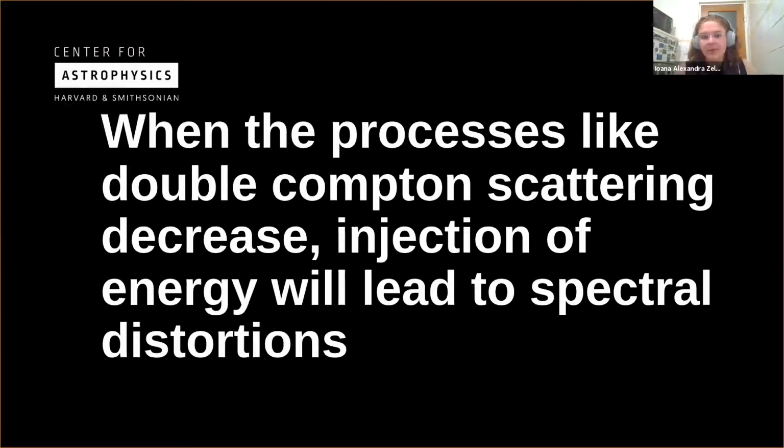The double Compton scattering is a process that allows the creation of new photons. If we don't have the creation of new photons happening, when we inject new energy, we conserve the number of photons, and they have to go to higher energy through the injection of new energy, and that leads to departures from the temperature equilibrium.